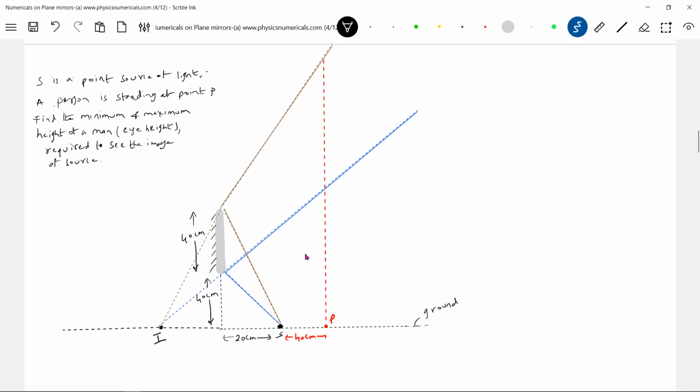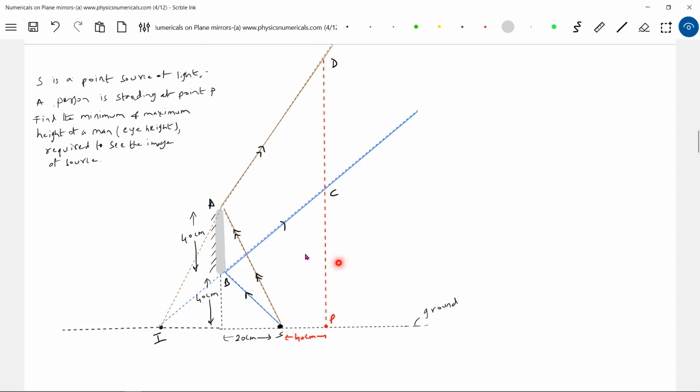This will be the incident ray. Okay, this is A, this is B, this is C, this is D. What should be the height? HC and HD. This should be the height of the person or the height from the ground. That has to be determined.